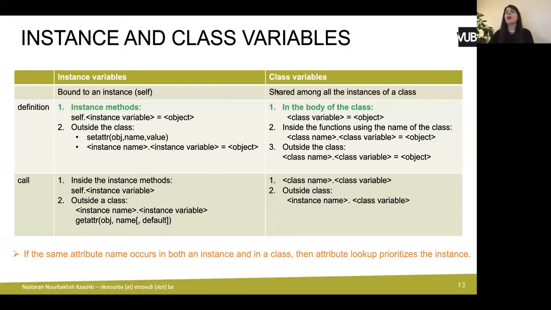How can we define class variables? The first one is to define the class variable in the body of the class. We just write a name for the class variable equals an object.